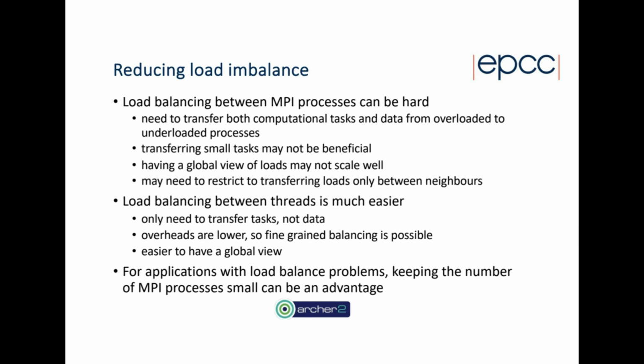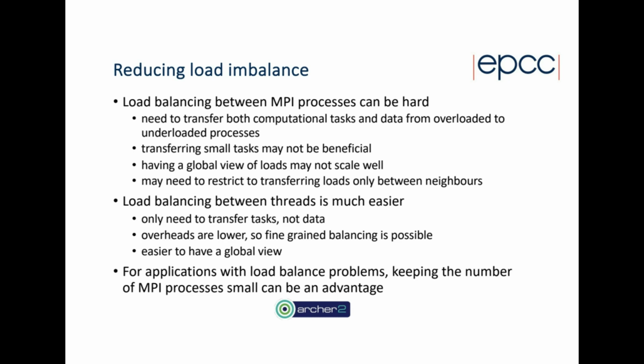On the other hand, load balancing between threads is much easier because, in principle, we only need to transfer tasks and not the data. So the overhead's typically much lower. Fine-grained load balancing is more feasible with threads than with processes, and because of the shared memory, it's easier to have a global view, at least across the threads in a process, of which ones are overloaded and which are underloaded.